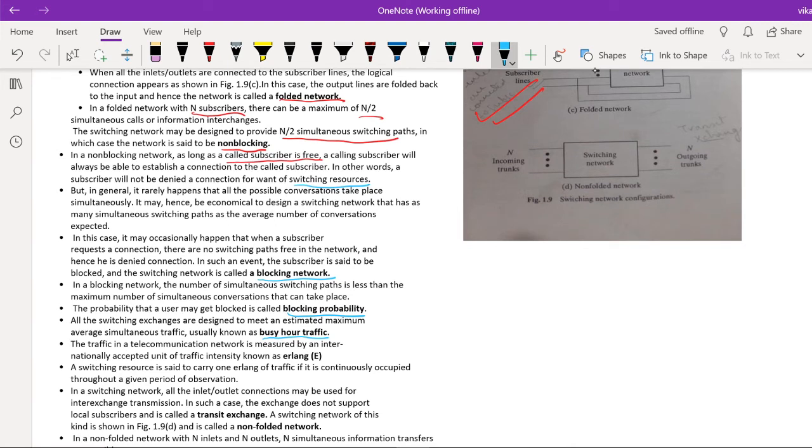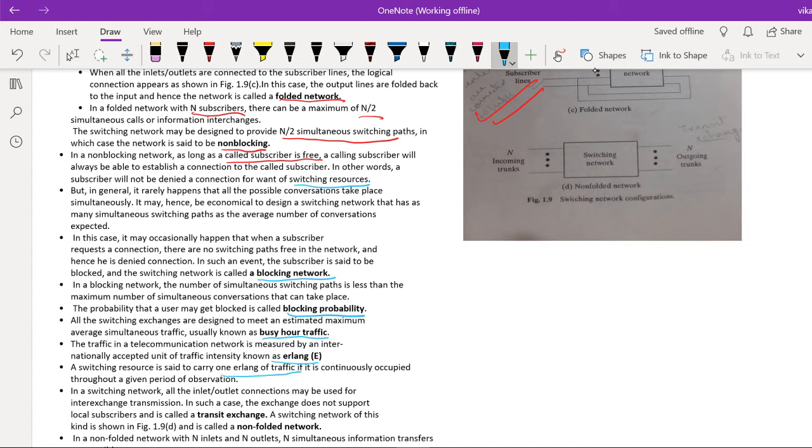And Erlang is the unit of traffic. In telecommunication networks, traffic is measured by a unit called Erlang. A switching resource is said to carry 1 Erlang of traffic if it is continuously occupied throughout a given period of observation.